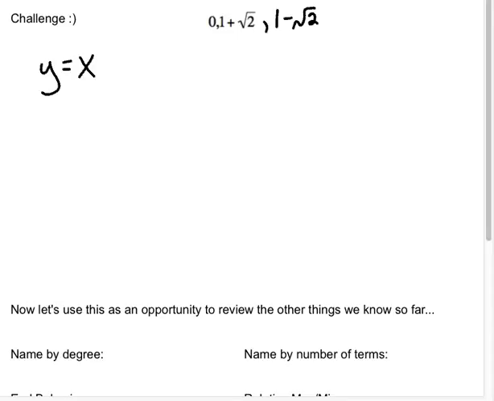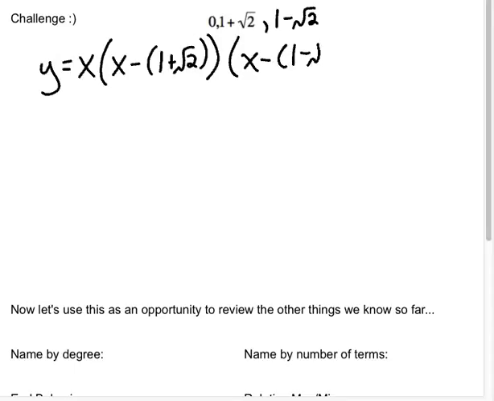But when you go to write the factors, now this time you have x minus 1 plus square root of 2 and x minus 1 minus square root of 2. So notice that this is just a little bit messier to have to work with, right?